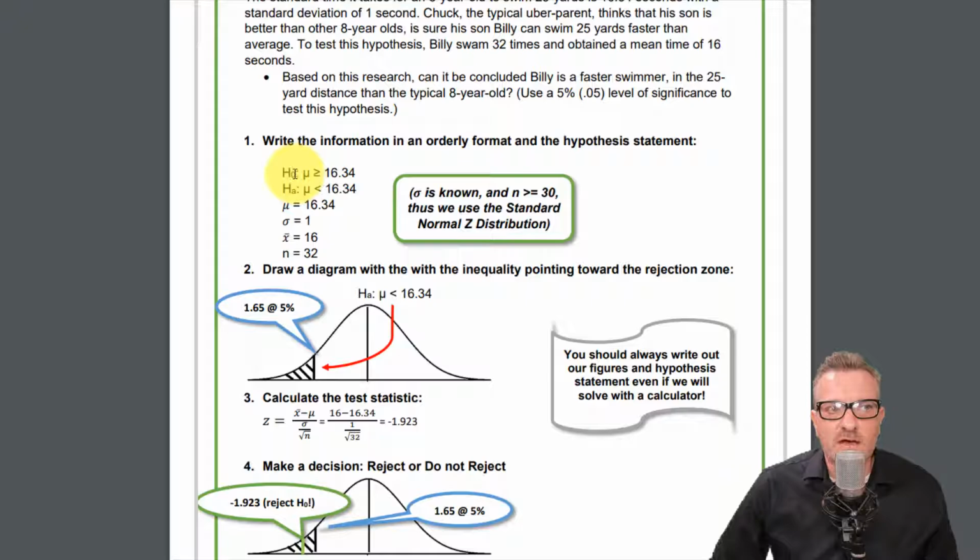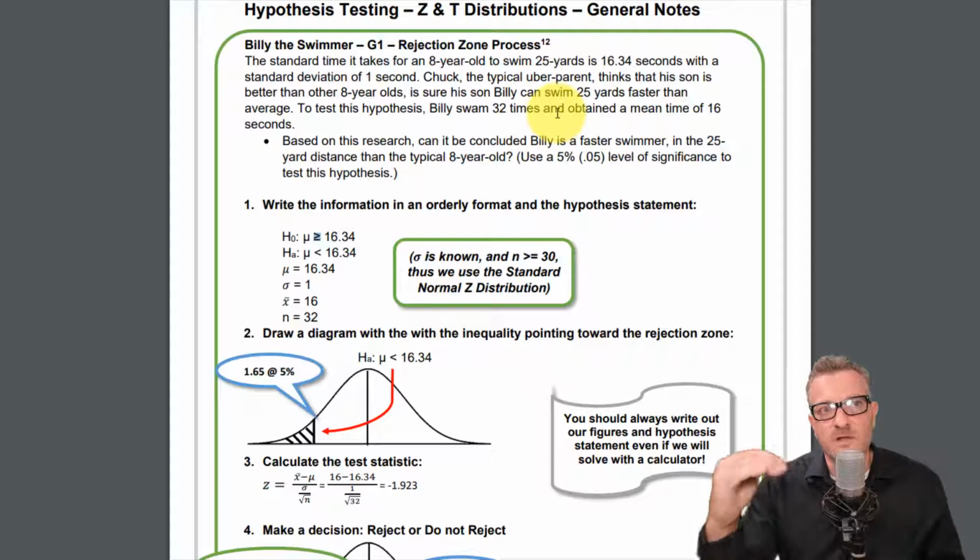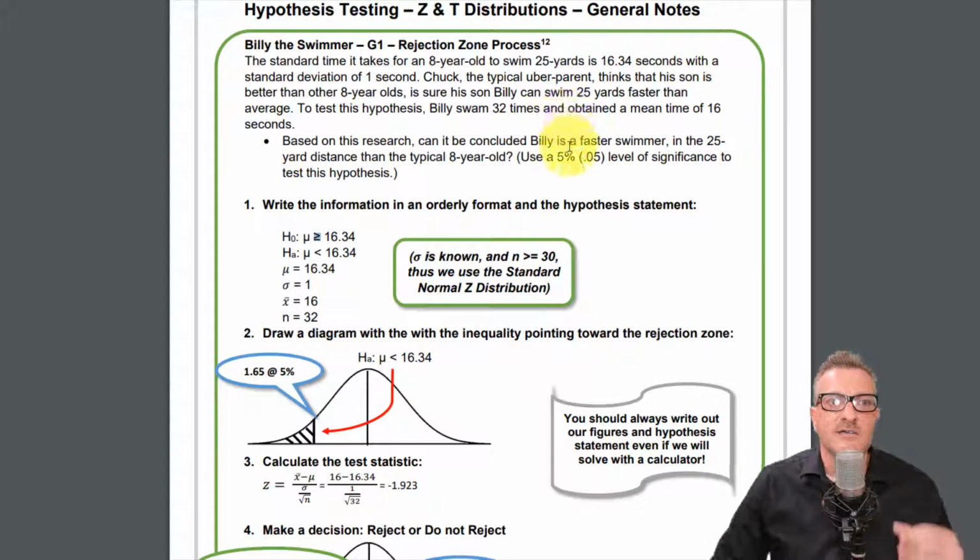Okay, so we write out our null hypothesis, and our null hypothesis is that mu is greater than or equal to 16.34. And that is because it says the standard time it takes for an 8-year-old to swim 25 yards is 16.34. So the null hypothesis is that's what he equals, or greater in this case, because the alternative hypothesis is going to be he's faster, which means it takes less time.